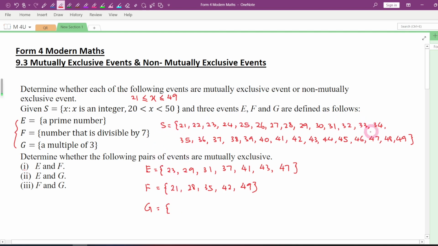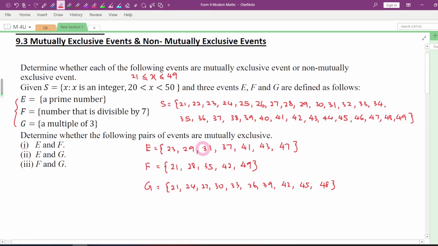So we need to choose from here. Okay, so these are all the elements for set E, set F, and set G.